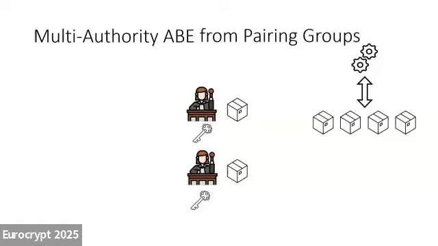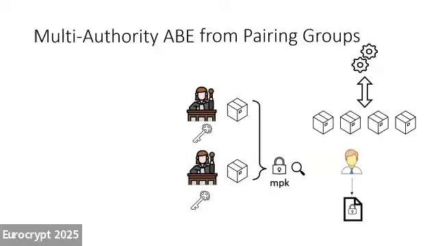So what authorities can do is generate part of what looks like a regular attribute-based encryption scheme, and then when an encryptor comes along, they can take the concatenation of all these authorities' master public keys. If you squint, it looks like an ABE master public key, and you can use that to encrypt a ciphertext and policy.